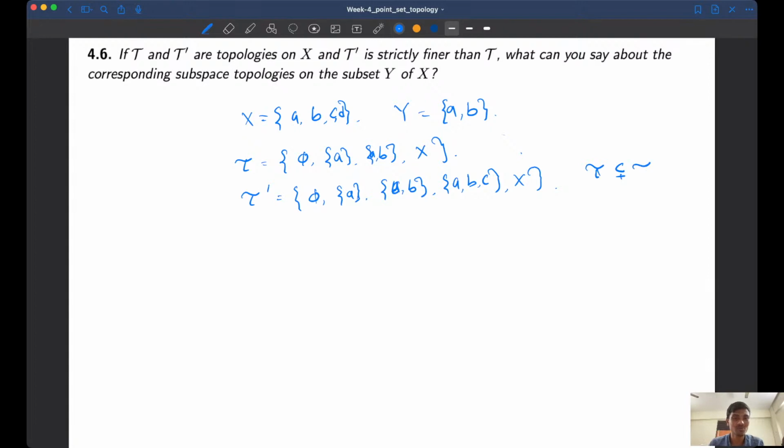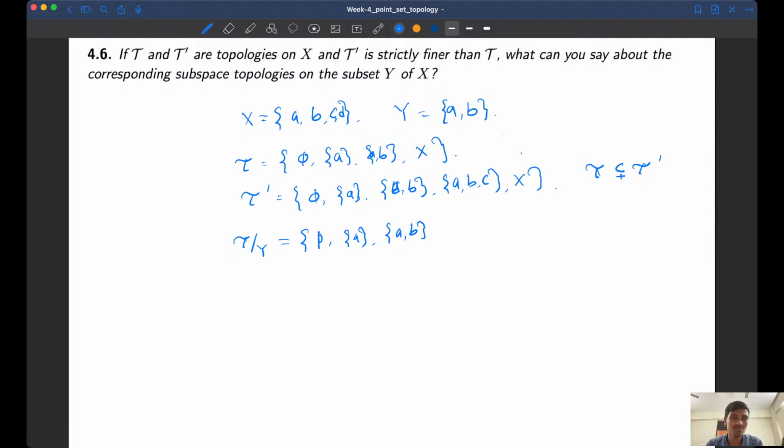But if you restrict both tau and tau prime to Y, then it is all of these sets except X, which becomes Y. So it is phi, {A}, and {A, B} itself, because that is Y in this case.